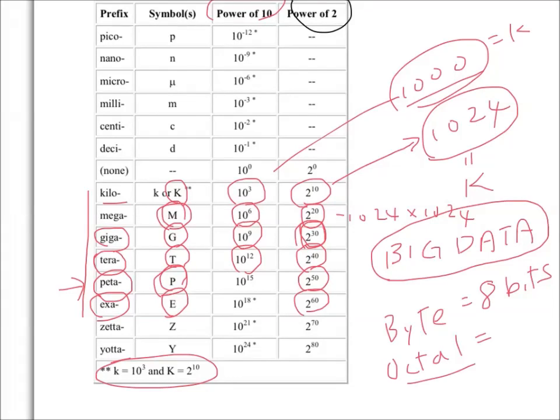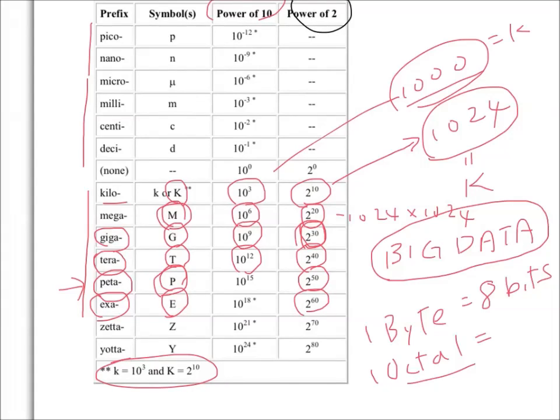Remember, oct means 8, so 1 octal is 8 bits, and 1 byte has 8 bits. Also, why don't you look at these symbols, like deci, centi, milli, micro, nano, and pico.